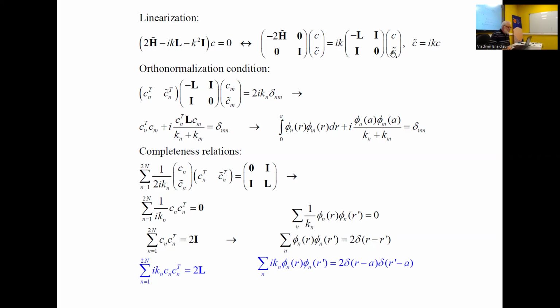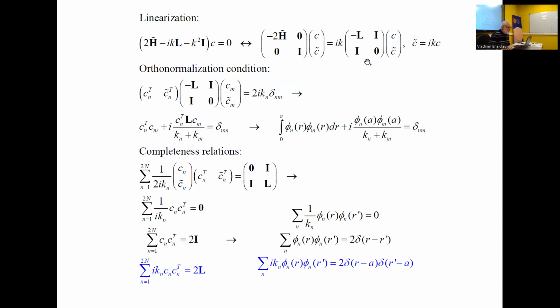But this is linear algebra, and we know everything about linear algebra. So all the properties of the eigenvectors of this equation can be derived very simply from linear algebra. For example, we solve this generalized eigenvalue problem. Why generalized? Because there is a weight. Usually in the usual eigenvalue problem, matrix times vector is number times vector, the eigenvalue.